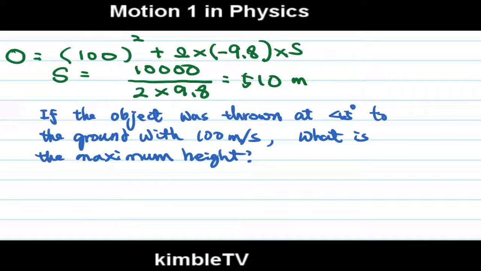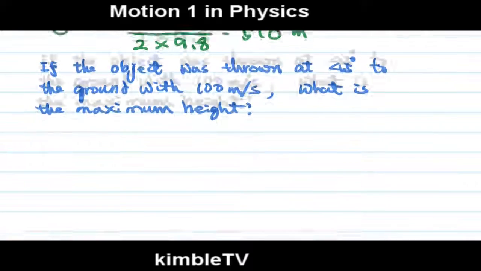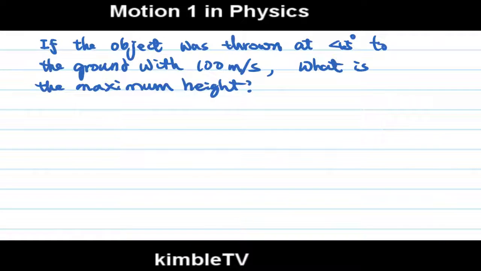If the object was thrown at 45 degrees to the ground with 100 meters per second, what is the maximum height? In this problem, we should know the rule of the right angled triangle.